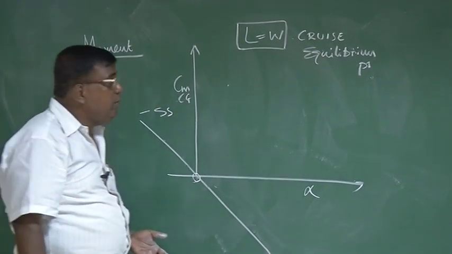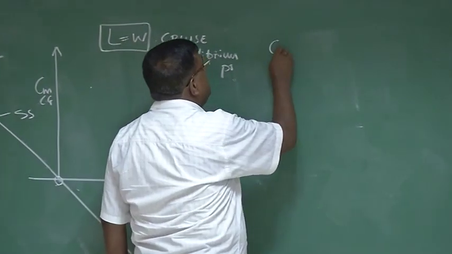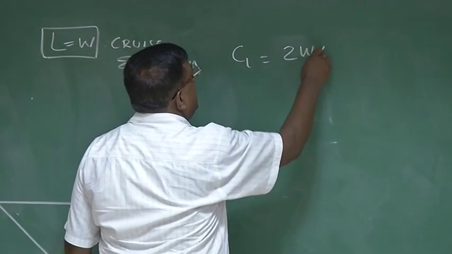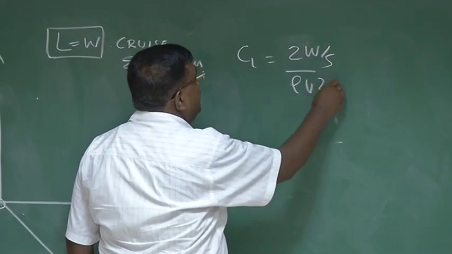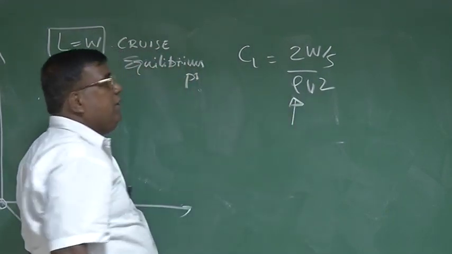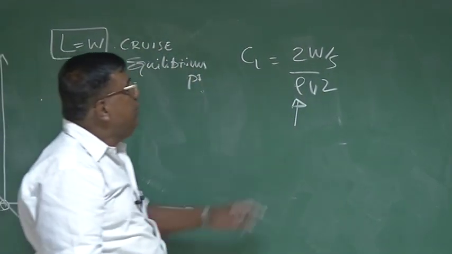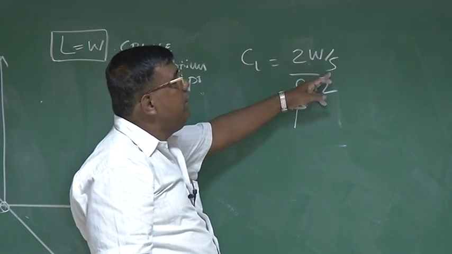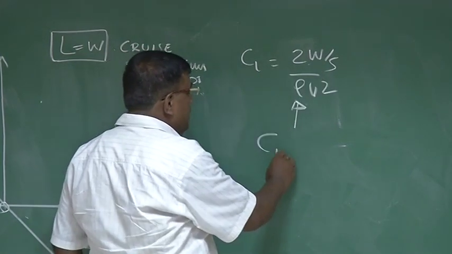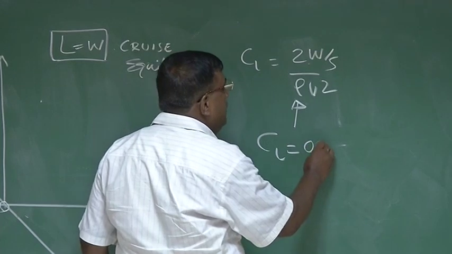And you know, if lift equals weight, what does it mean? It means CL equals 2W by S by rho V squared. So whatever altitude you are flying, whatever cruise speed you are having, if you know the weight and the wing area, you know what the CL requirement will be. Let's say that CL is 0.2.